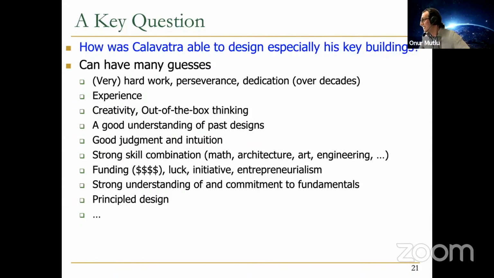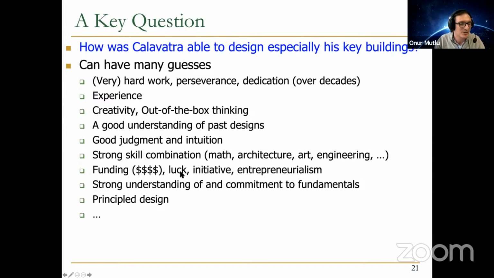And I think that's where education really helps, when that gives you the importance of the precedents, what comes before. Good judgment and intuition, that's usually very useful, since architecture and computer architecture both have an element of art in them, right? In the end, you're kind of predicting the future 20, 30 years down the road. And then strong skill combination, of course, math, architecture, art, engineering. This is applied to the real architect, of course. And you need to be able to have a good skill combination to enable this.